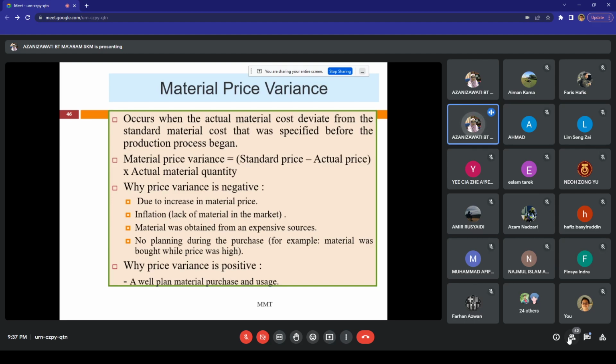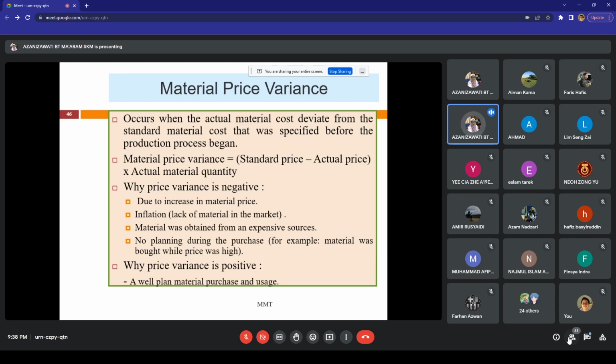Material price variance occurs when the actual material cost deviates from the standard material cost that was specified before the production process began. So the material price variance is the standard price minus the actual price, multiplied by the actual material quantity.